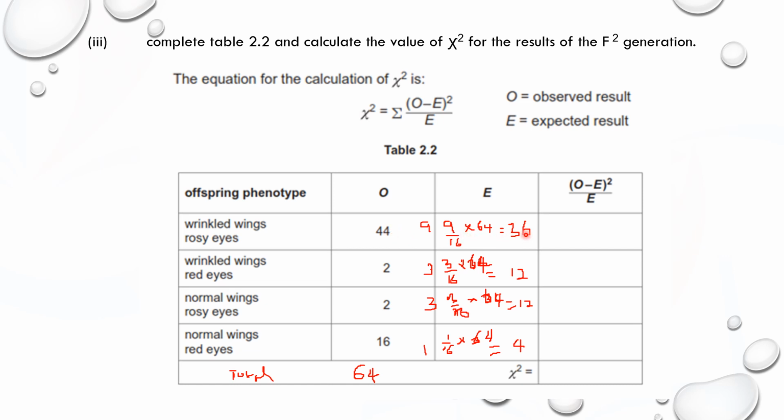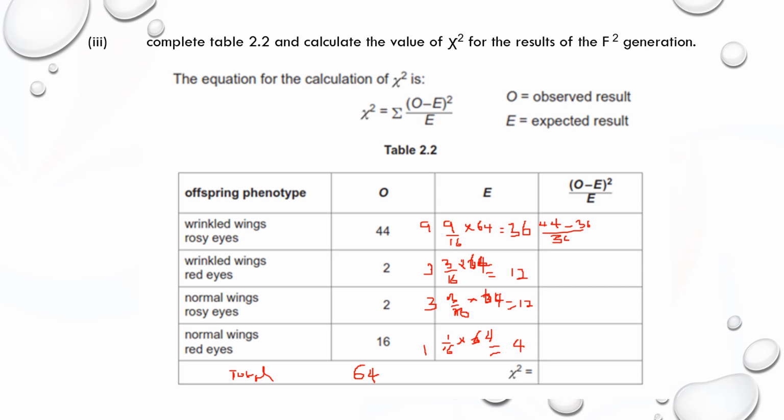So 44 minus 36 gives you 8. 8 divided by 36. I'm just going to do it once: observed minus expected over expected, which is 36.